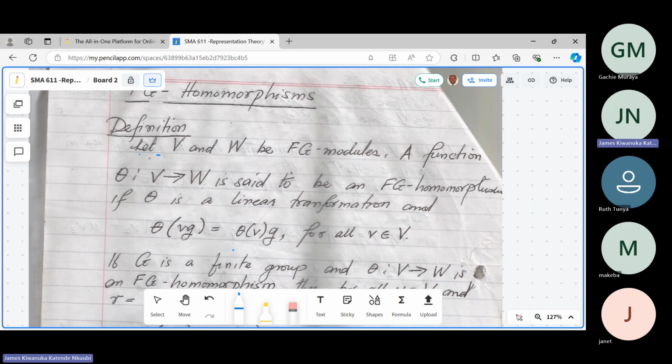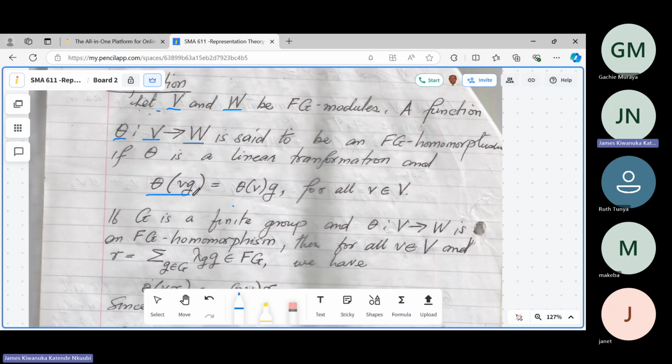So here we have the following setup. We need 2 FG modules, V and W. A function from this FG module V to this second FG module W is said to be an FG homomorphism, first, if this map is linear, a linear transformation, and secondly, it preserves the group action.